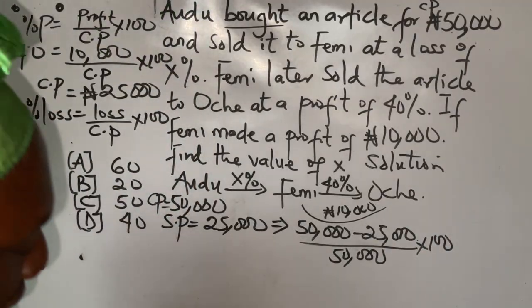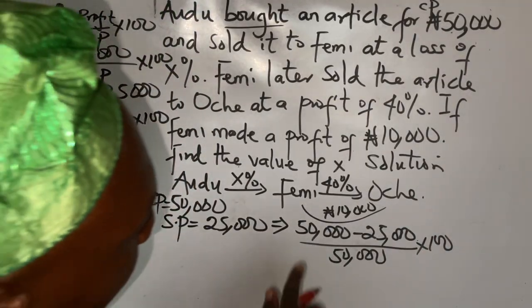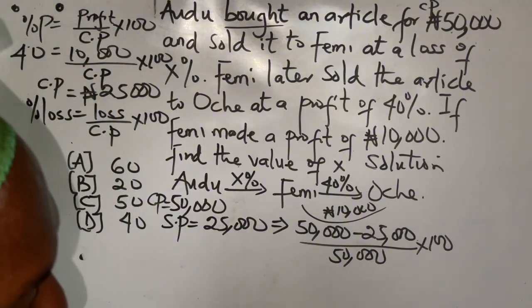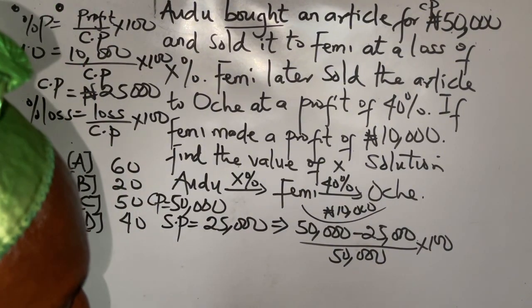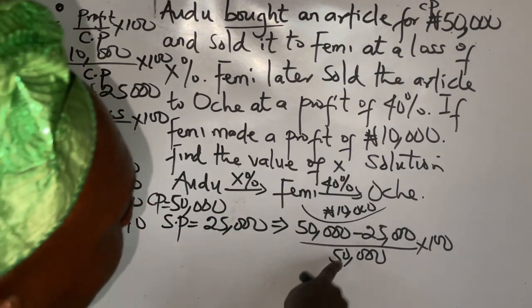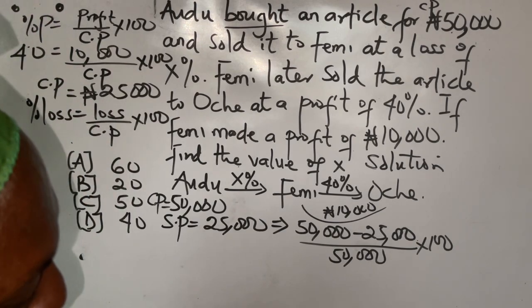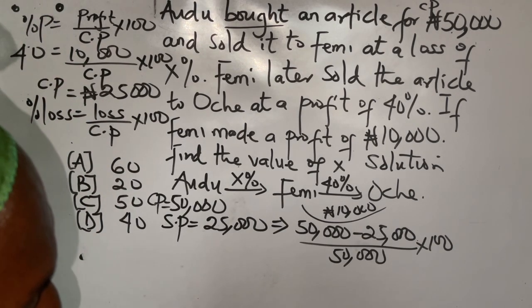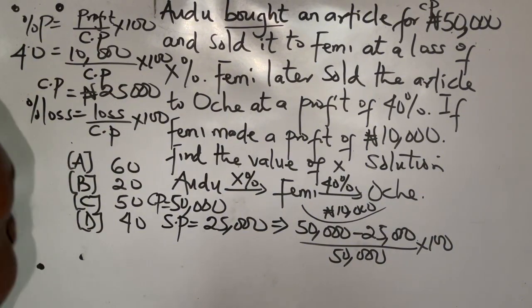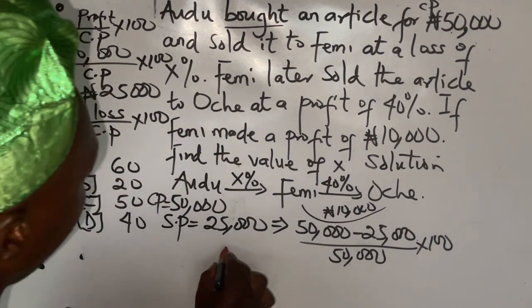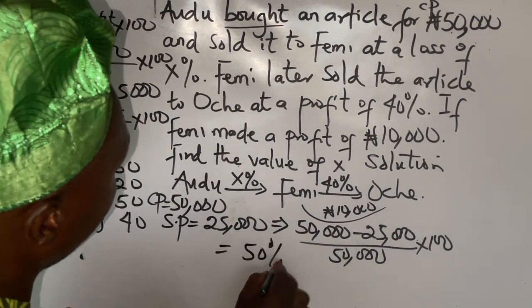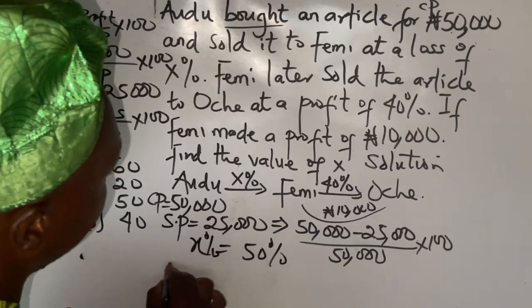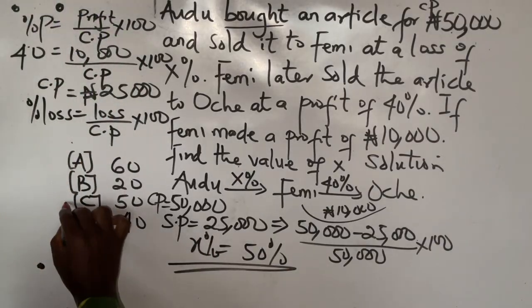If we finish this very well, we have 50,000 minus 25,000, that's 25,000 already, divided by 50,000. That is half of it already. Times 100, so that's 50%. So our X percent is 50%.